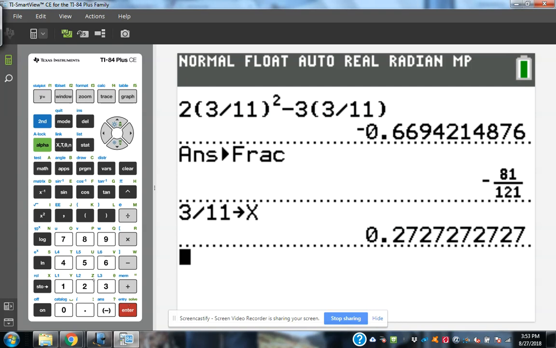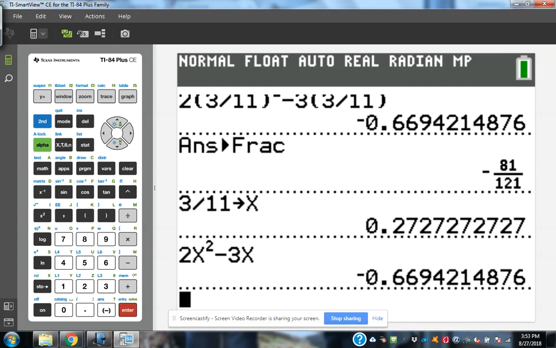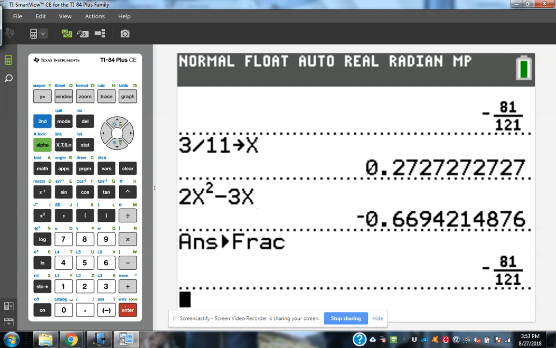And then you can type in the actual function, 2x squared minus 3x, and we should end up with the same answer that we got there. So there's a way to do it. If you're going to have to use the same x value over and over for several problems, then that's probably the way that I would do it.